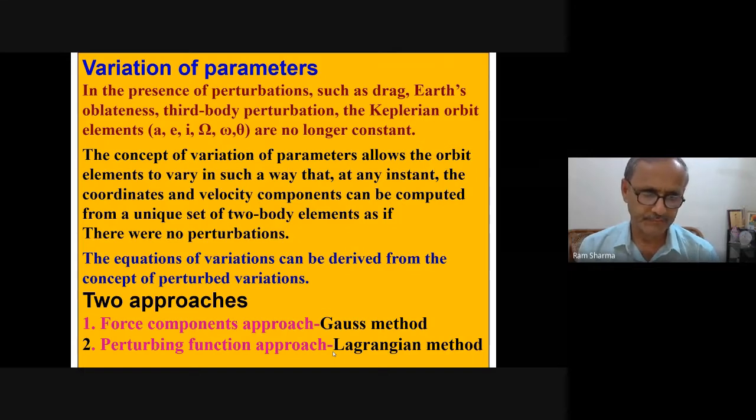Two approaches: force component approach, the Gauss method, and perturbing function approach, the Lagrangian method. Gauss is very general, any kind of force you can use there. Lagrange, you can use only the gravitational forces, which are only a function of the position.